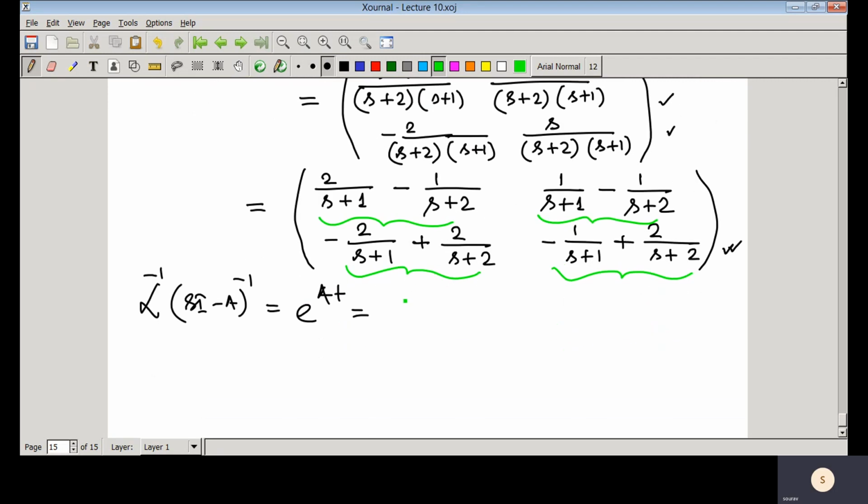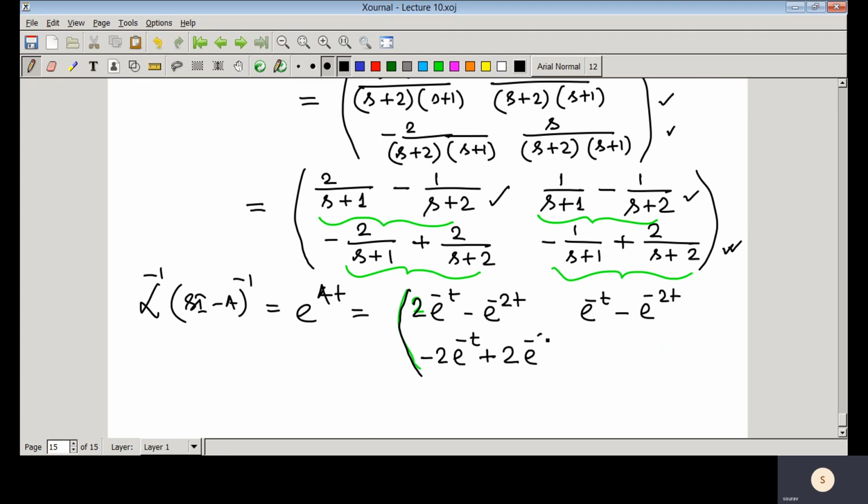For the first one you will get 2 e to the power minus t minus e to the power minus 2t. For the second term you will get e to the power minus t minus e to the power minus 2t. For the third term you will get 2 e to the power minus t plus, taking the Laplace inverse of those terms, e to the power minus t plus 2 e to the power minus 2t.